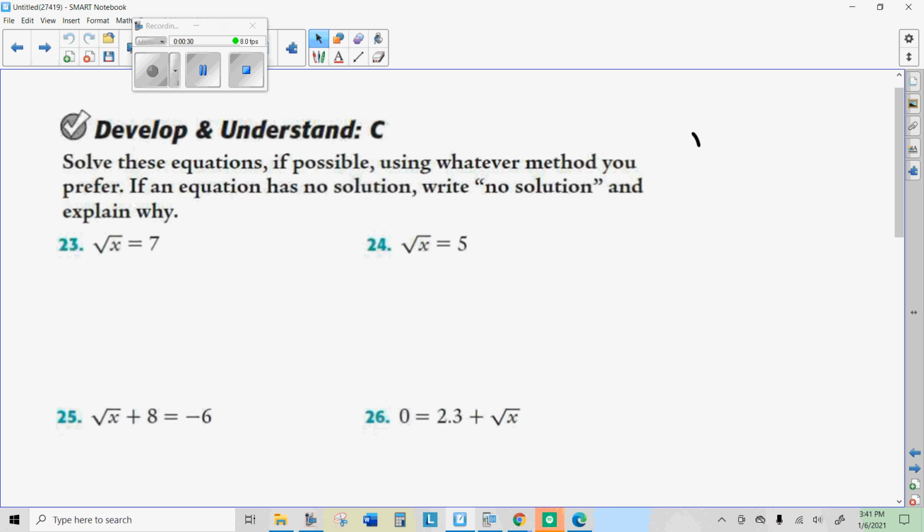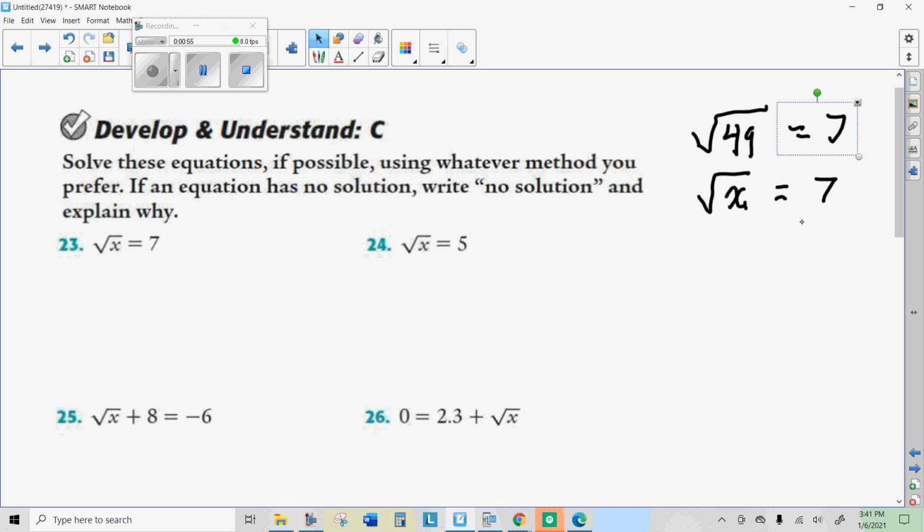So when we write this, and say we put a 49 in there, we're talking about the positive square root of 49, which is equal to 7. So if I leave it an x, I'm wondering what the positive square root of what number equals something, like 7, then that x, you could tell from the previous example, is 49.